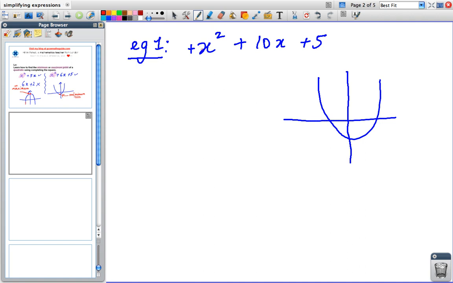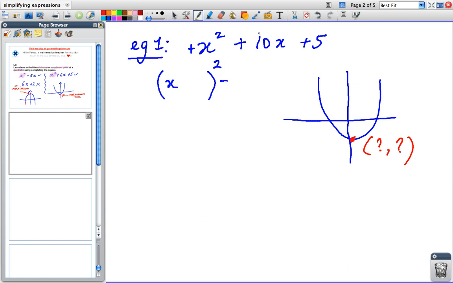Whenever I know that my x squared is positive, I'm going to have a smiley face, and therefore I know I'm going to be looking for a minimum point. My job is to find the coordinates of that minimum point, and to do that we're going to use completing the square. So you put a bracket, you put a squared, you put an x here, and you put a minus.